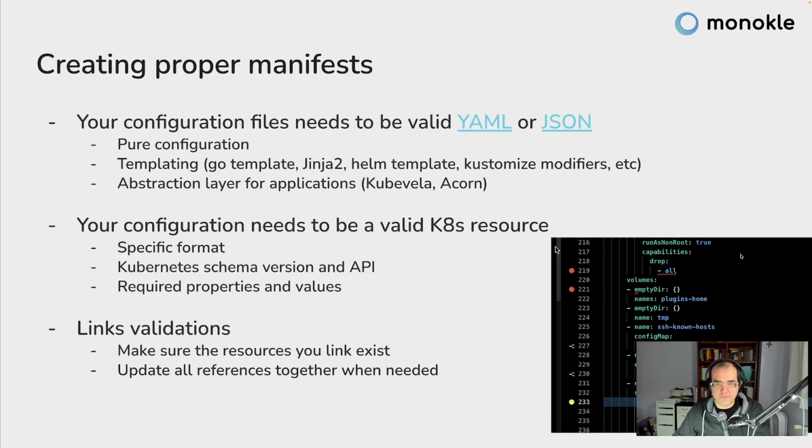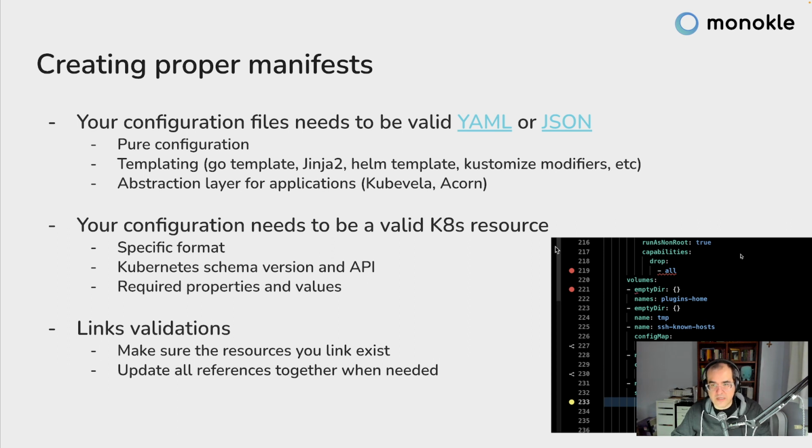The CNCF basically recommends that every time you create a new file, you use the latest version of the API, because if you use another version, or an alpha or beta version, that can be deprecated, and then you won't be able to deploy the same configuration in one version of Kubernetes and all the future versions. So it's important for you to take that into account.